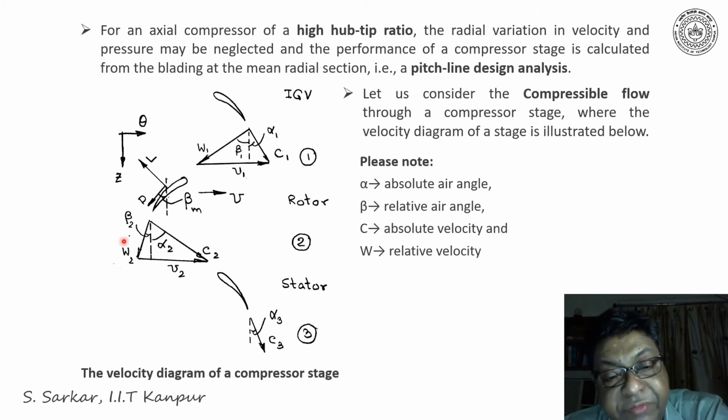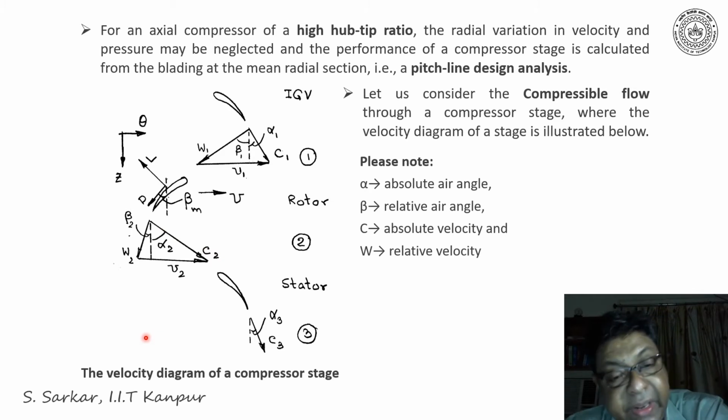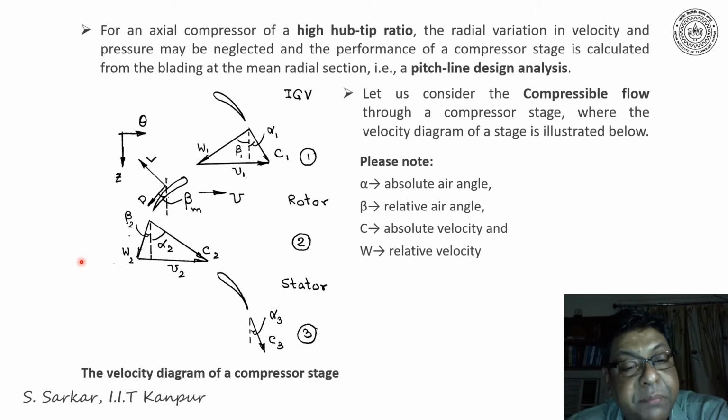Similarly, if I draw the velocity triangle at exit of the rotor, it would be W2 plus U2 is equal to C2, and alpha 2 is the absolute angle at exit of the rotor, and similarly beta 2 is the relative angle at exit of the rotor.